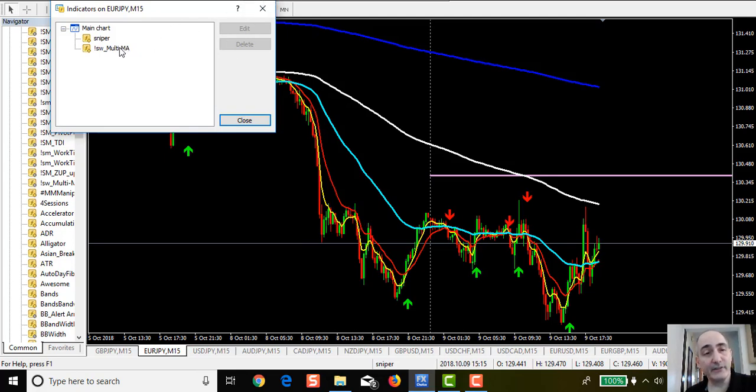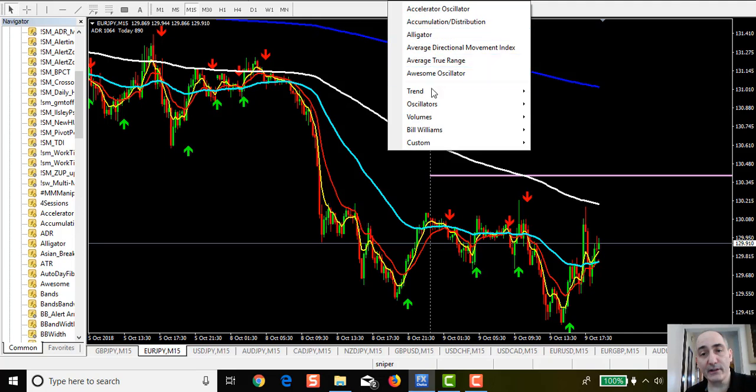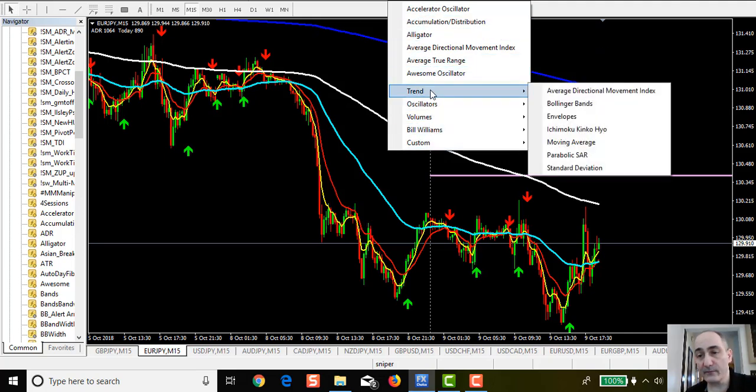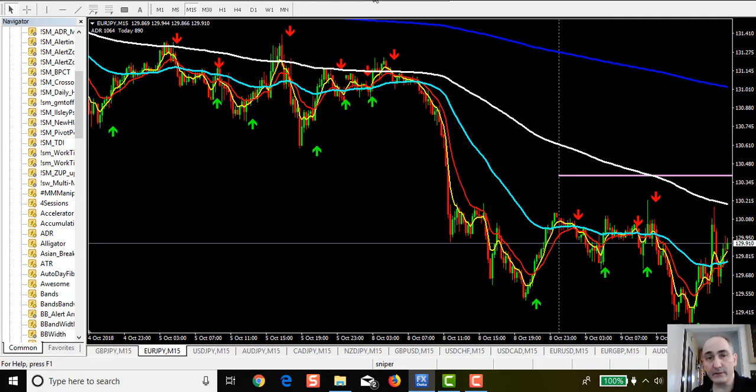I can get you this indicator if you need it, but if not, you just add the 5 moving averages by going right to add indicator and selecting the moving average from the trend here, and select the 5 moving averages.